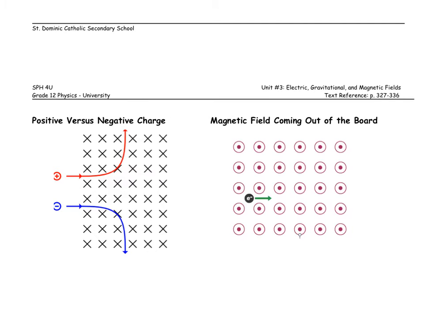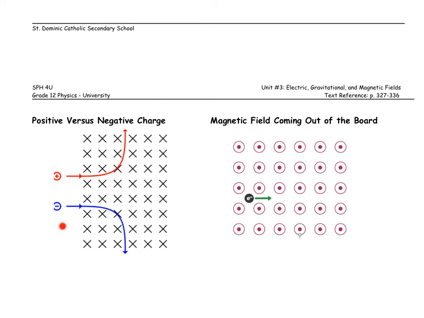I'm going to point my fingers into the page. I'm going to use this vector right here to determine the direction of the velocity of that particle. And so I can see that my palm should be upward, which tells me that the trajectory of that charge in the magnetic field will be in this direction. It should go upward, right?